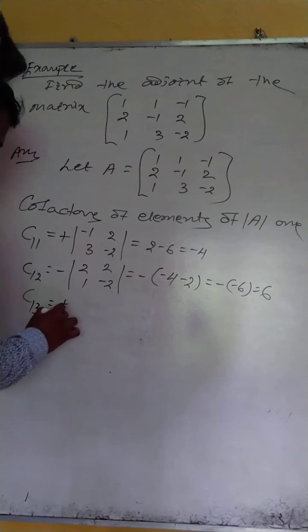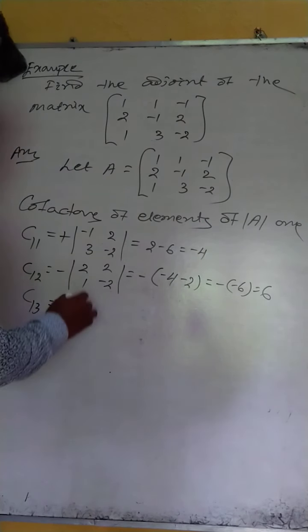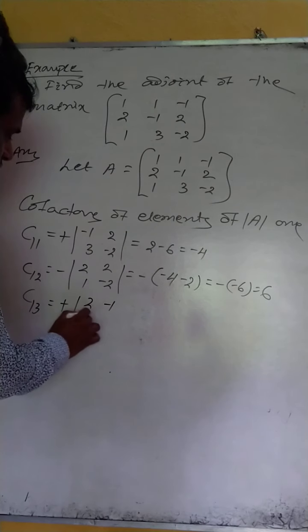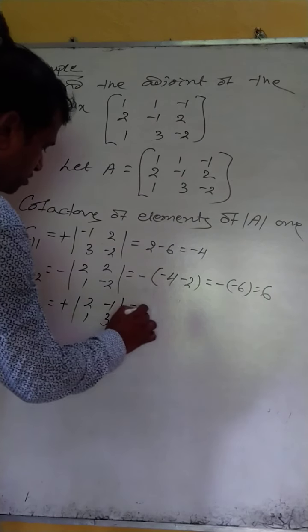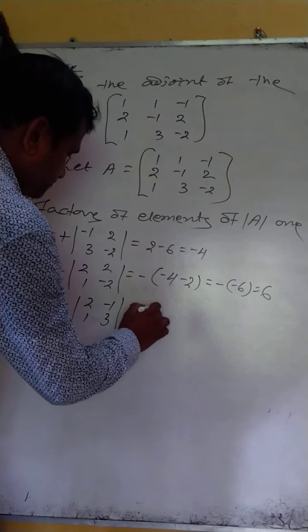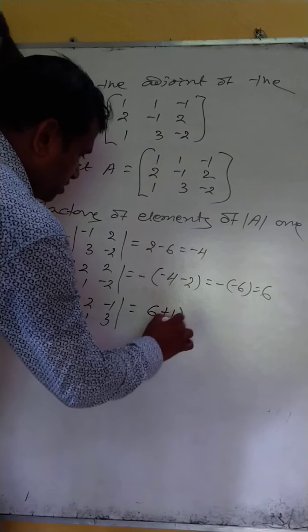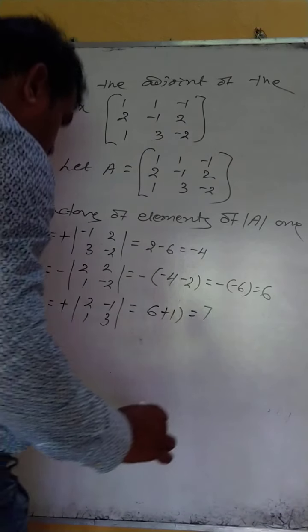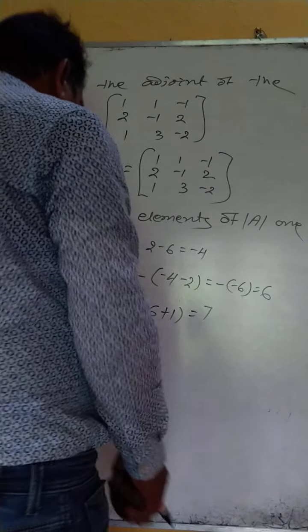C13 equals plus of its minor 2 -1, 1 3, that equals 6 plus 1, that equals 7.